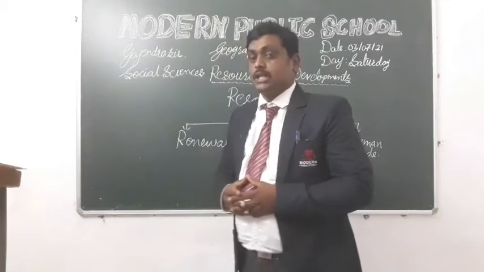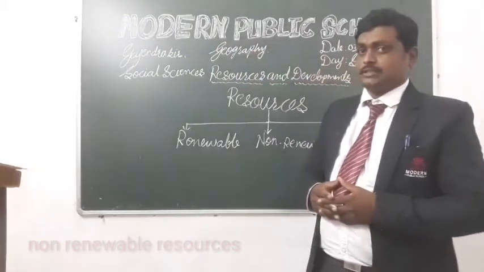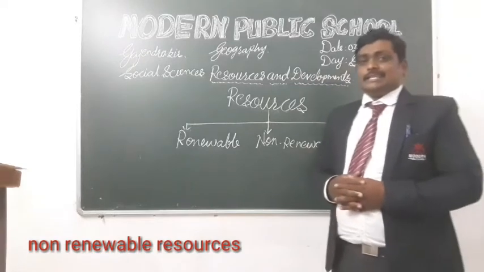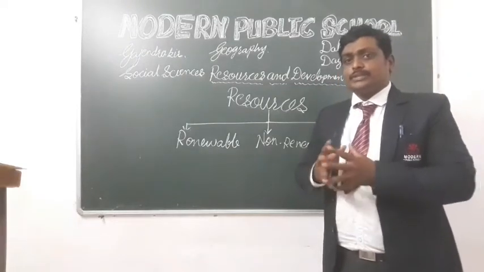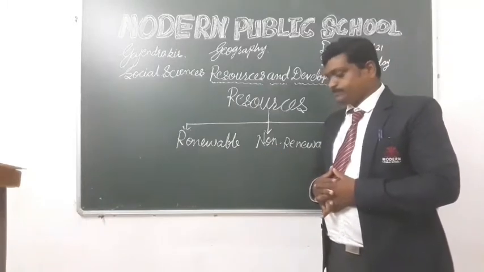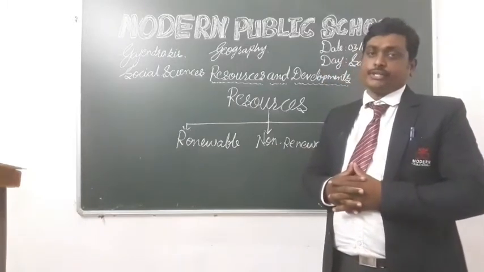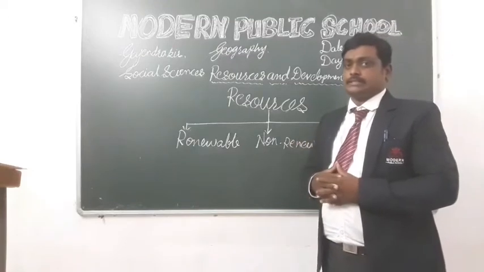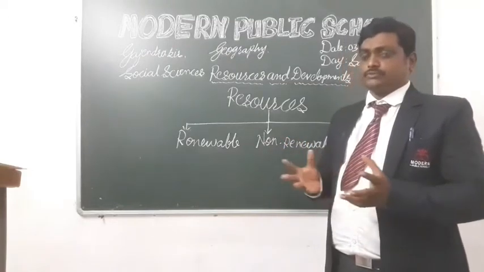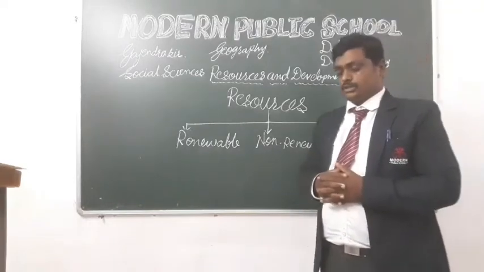They are known as non-renewable resources. Why are they known as non-renewable resources, students? The reason is that if we use these things for a longer time, they may finish. After a few days, the sources of those resources will be finished. For example, coal.